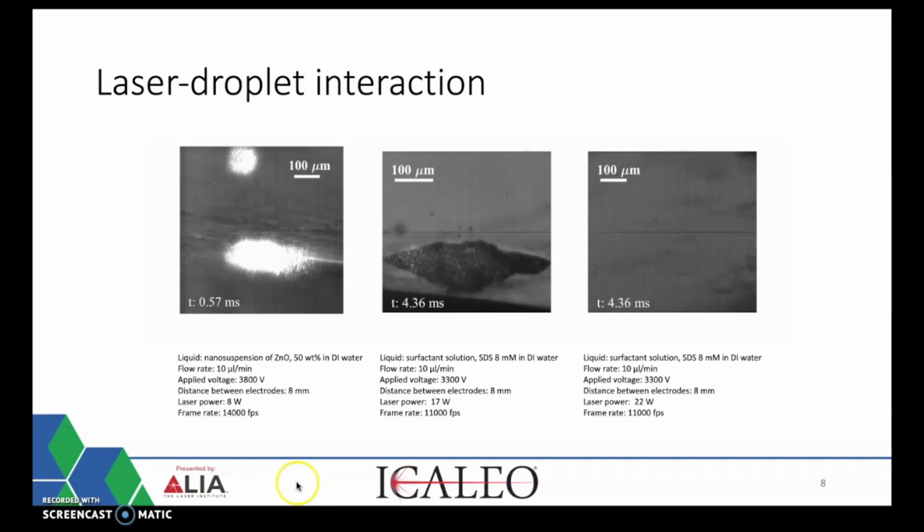We can see that above certain critical laser power, the substrate surface is excessively heated by the laser, and the interfacial tension at the substrate droplet interface changes significantly, resulting in a restricted spreading of the droplet on the substrate. The combined effect of the stored energy and the surface tension pulls back the spreading droplet to its original shape.